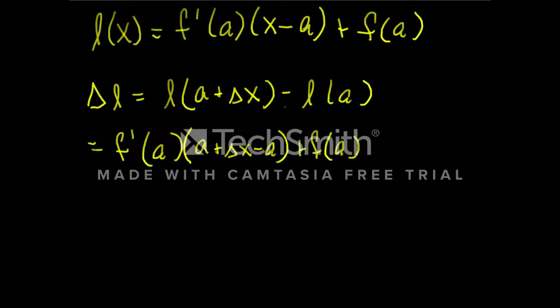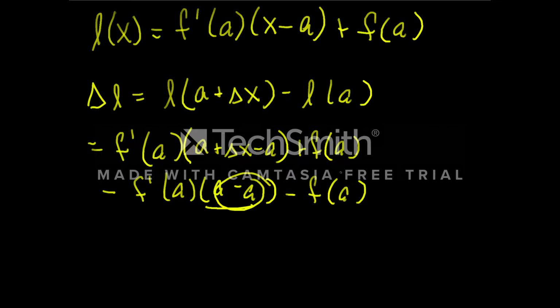So that's just this expression here, and then minus L of a, so minus f prime of a times a minus a, minus f of a. This expression is 0, and this will cancel out with that. So my change in L is simply, and notice here that that a and that a will cancel, so my change in L is f prime of a delta x.